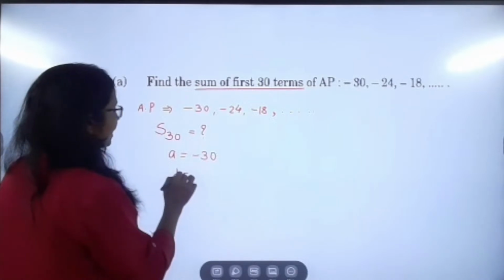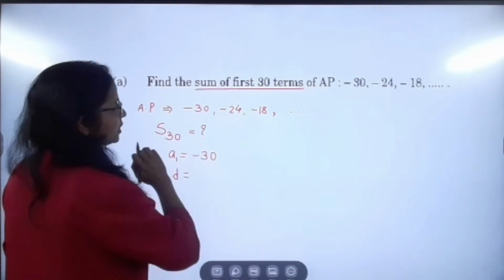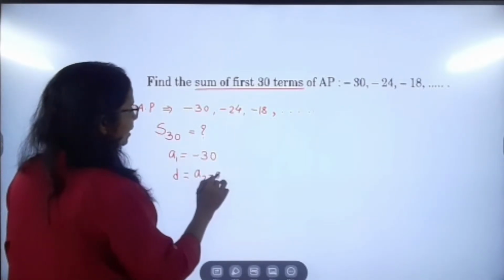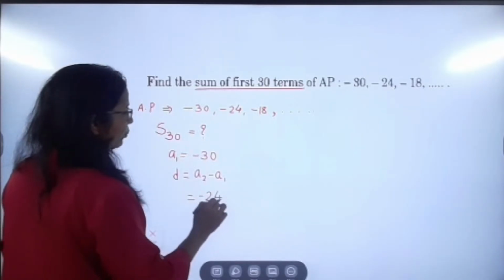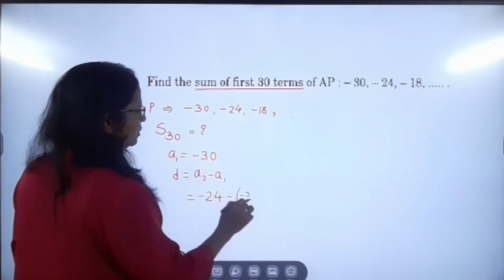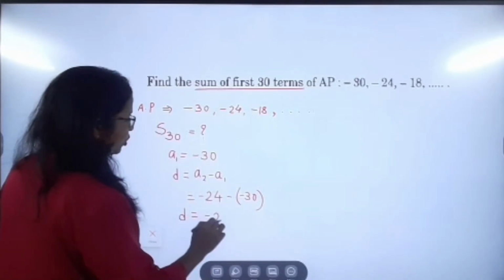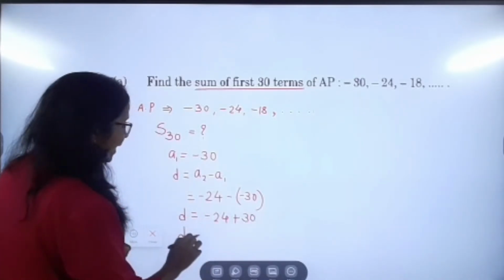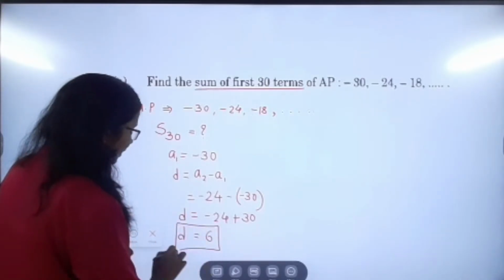From the AP we have A is equal to minus 30. That is A1 is minus 30, and D is equal to A2 minus A1. A2 is minus 24, so D is equal to minus 24 minus of minus 30, that is minus 24 plus 30, which is equal to 6.